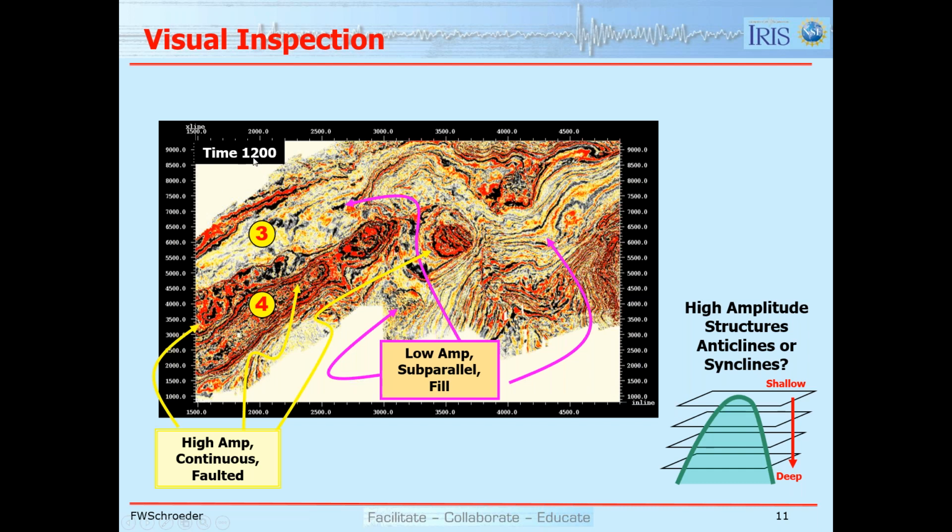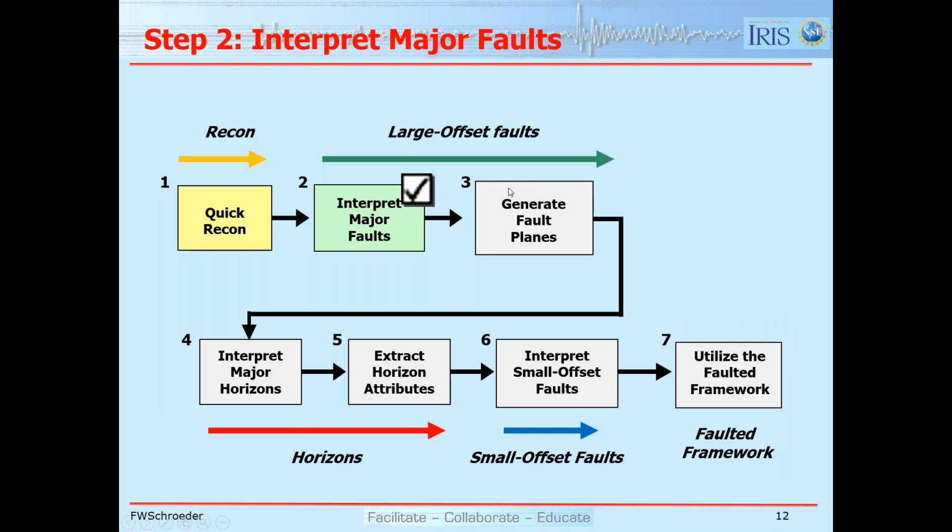So I can go from 1200 to 1220 to 1240 to 1260, and I don't have an animation for that, but what you'd see is that these reflectors expand out, indicating that this feature, this feature, this feature, and this feature are all anticlines. So we've done our reconnaissance. The next step is to interpret some of the major faults.